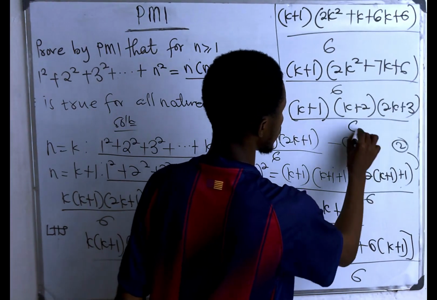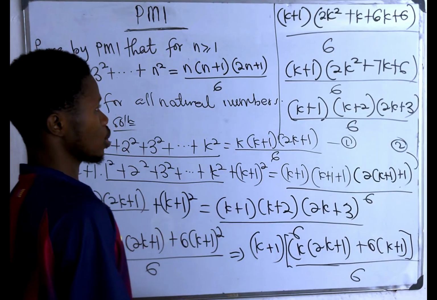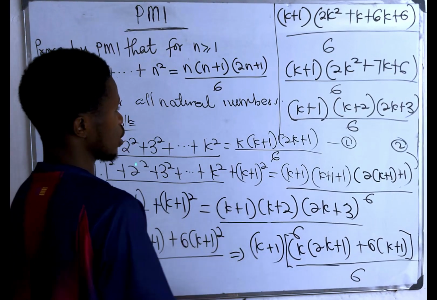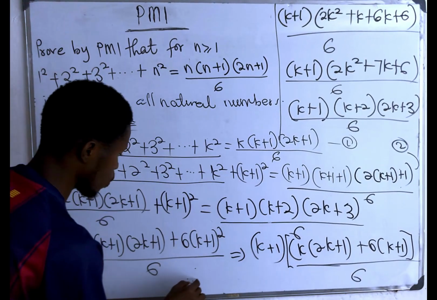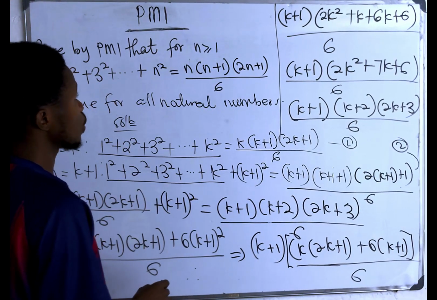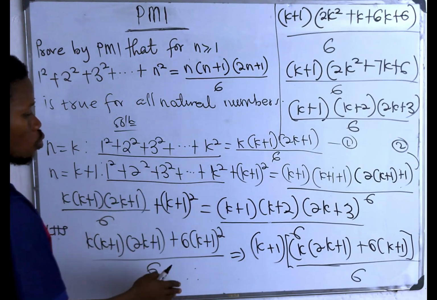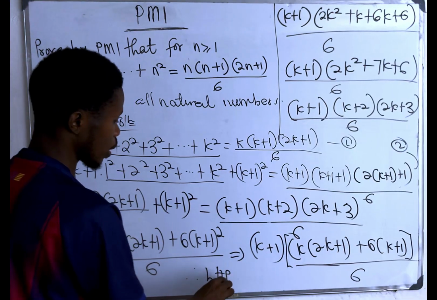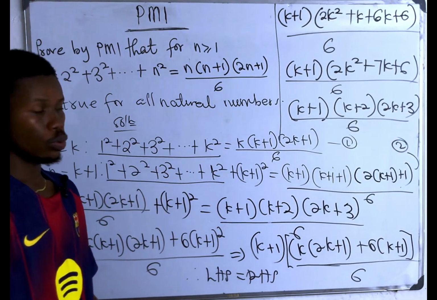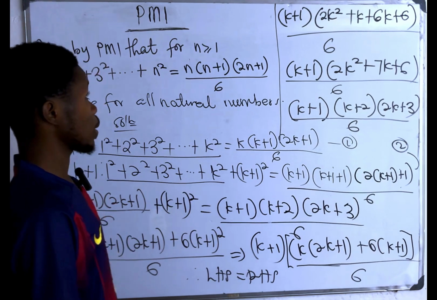And remember, all this is divided by 6. So look, this is equal to this. So you conclude, therefore, the statement is true since the left hand side is equal to the right hand side. The statement is true for all natural numbers.